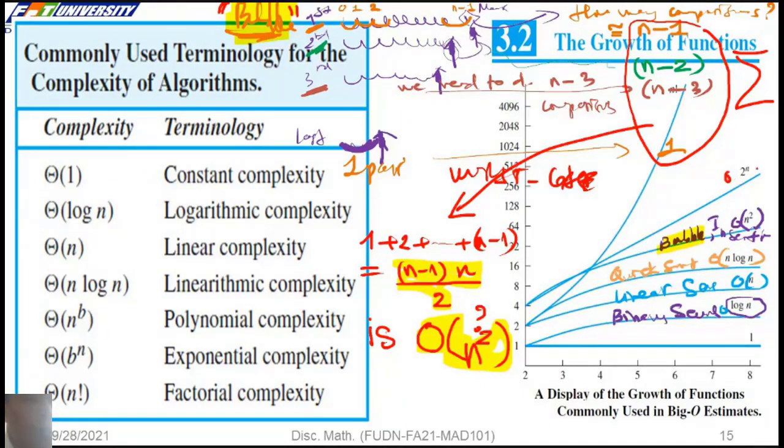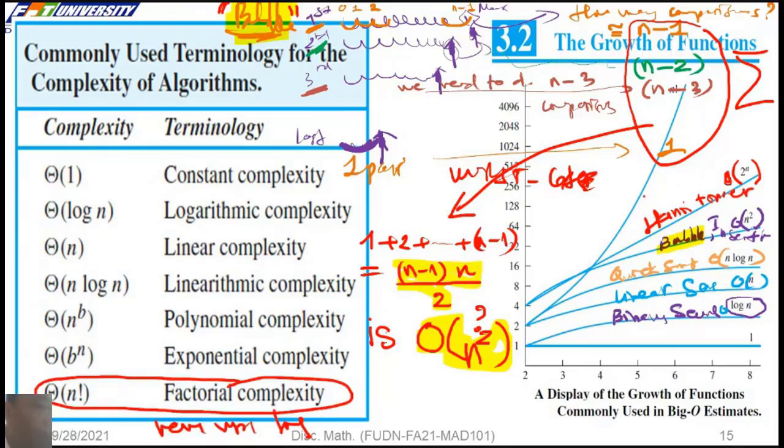For O of 2 to the power of n, we have the Hanoi Tower. You know the Hanoi Tower problem. Factorial complexity. To compute the factorial, so we have the increasing order of the complexity.